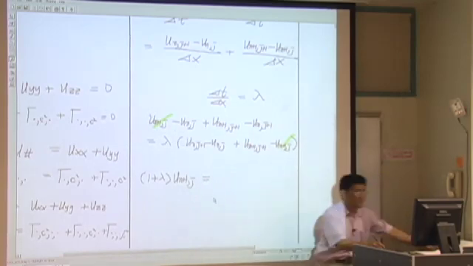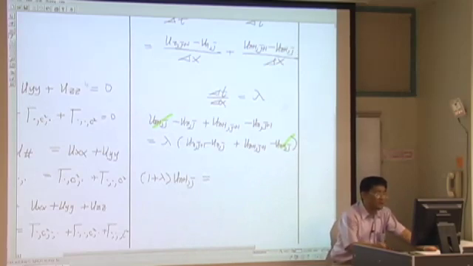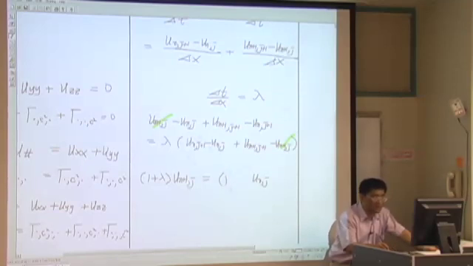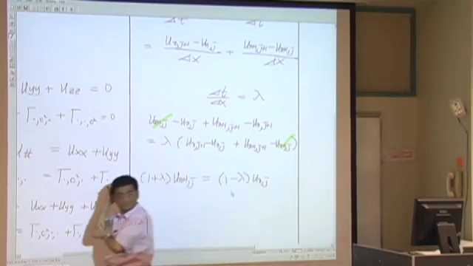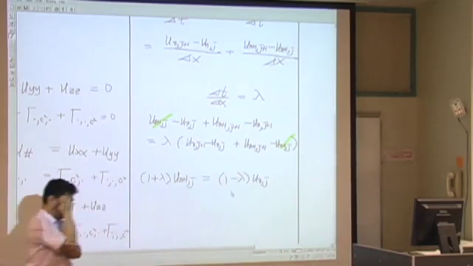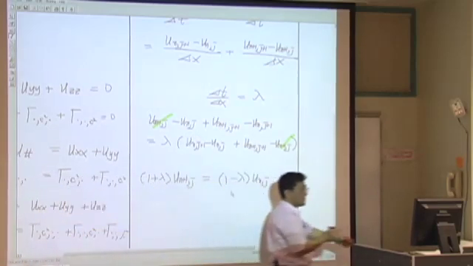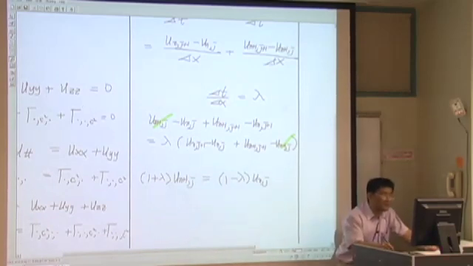And then the next term is UNJ term. UNJ term is handled. This becomes plus UNJ term minus lambda. I will track down the used terms. The next term is this one.